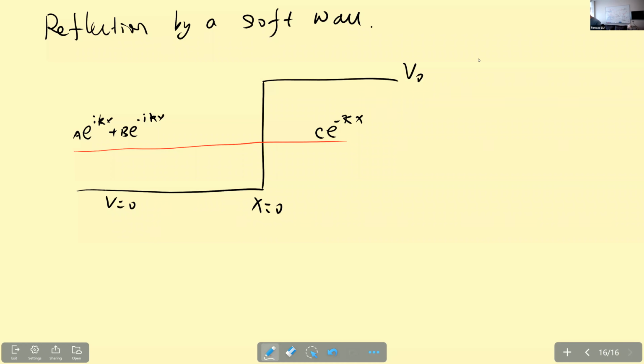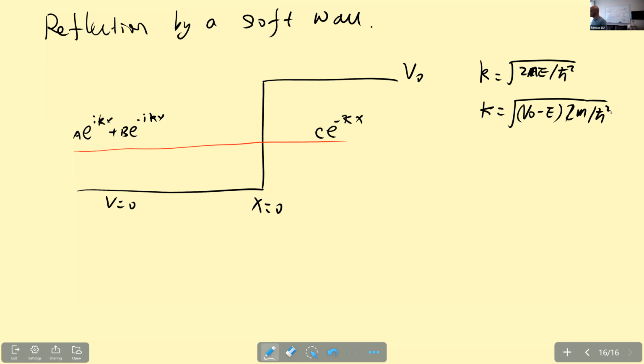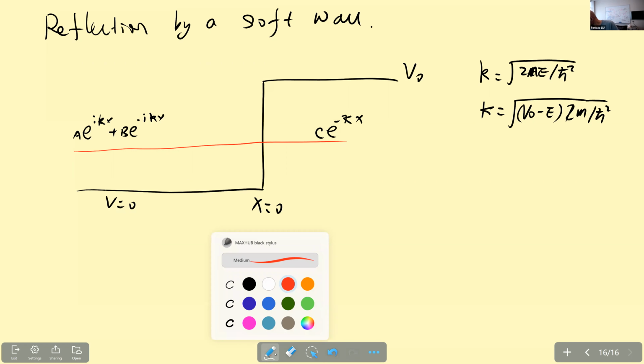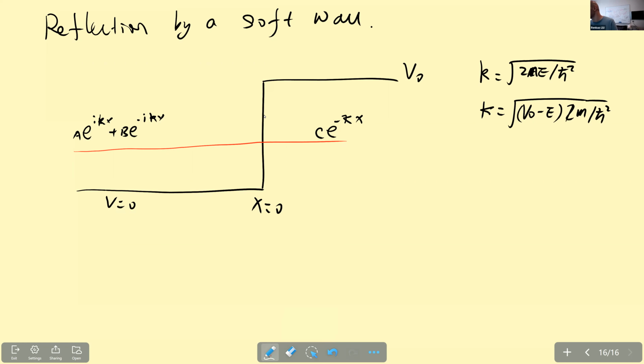And you know that k equals the square root of 2mE over ħ², and κ equals the square root of (V0 minus E) times 2m divided by ħ². So in the barrier, it's going to be an exponential decay, goes like this one.